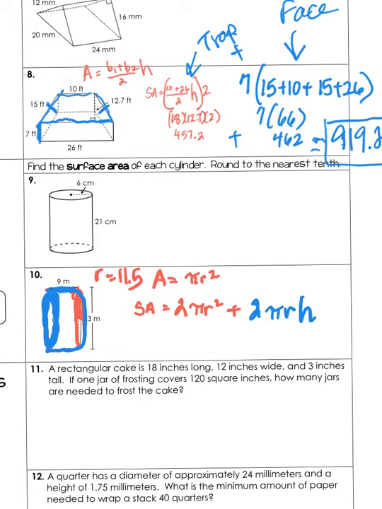So now we just have to fill in our numbers. 2 times 3.14 times our radius, which we said was 11.5, plus 2 times 3.14 times the radius, which is 11.5, times the height, which we said was 9.